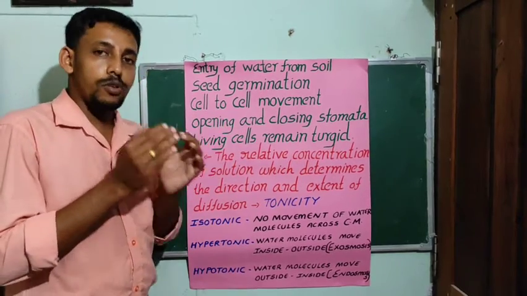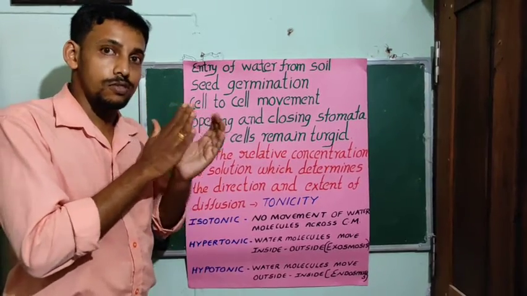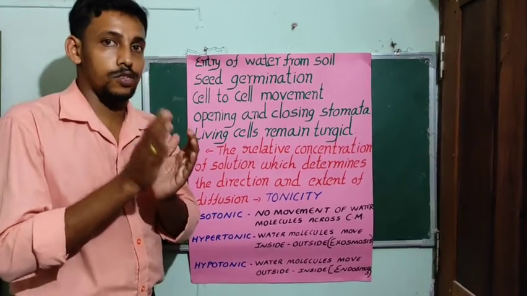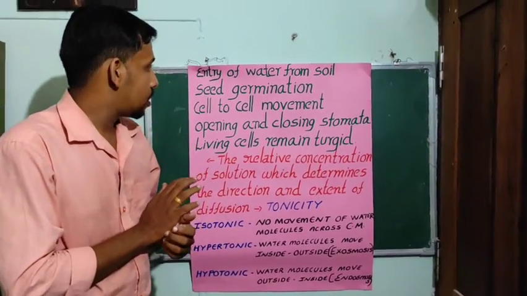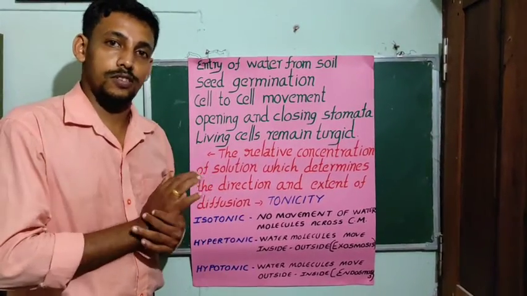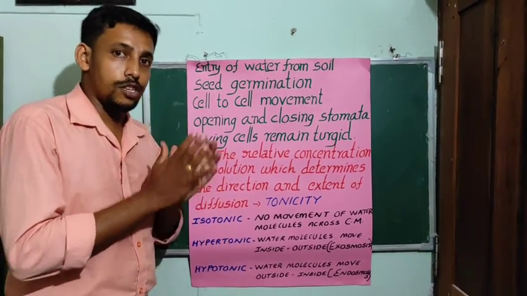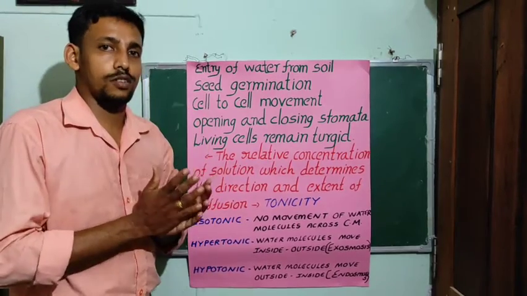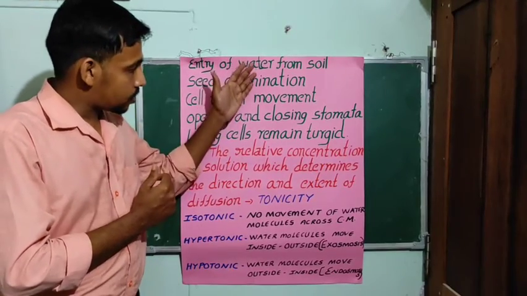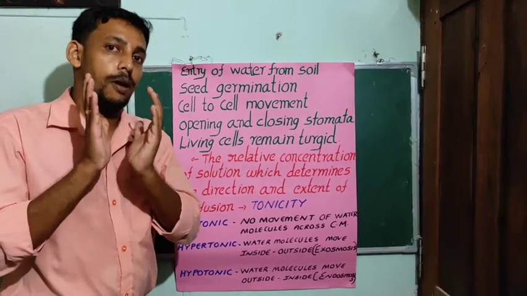The cell to cell movement of water is due to osmosis. The opening and closing of stomata is also due to osmosis. The living cells remain turgid, strengthened or swollen, because of osmosis. These are some of the importance of osmosis in the plant body.